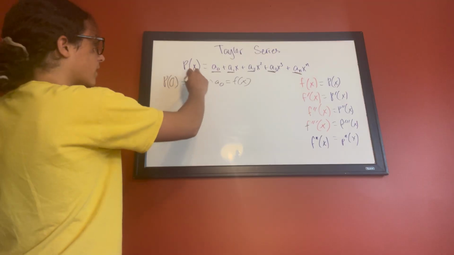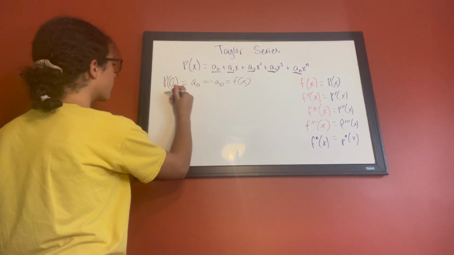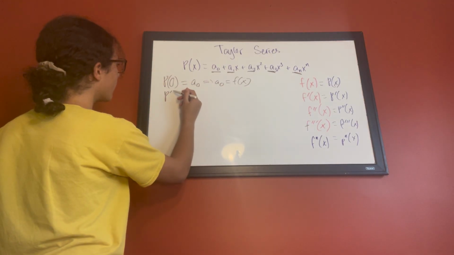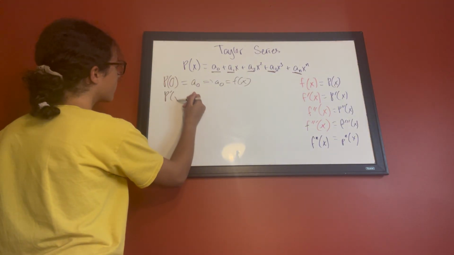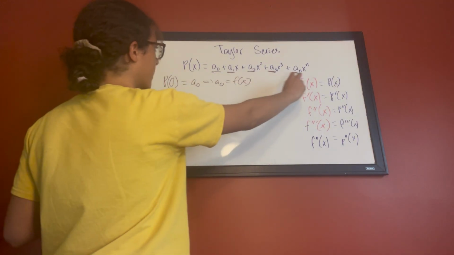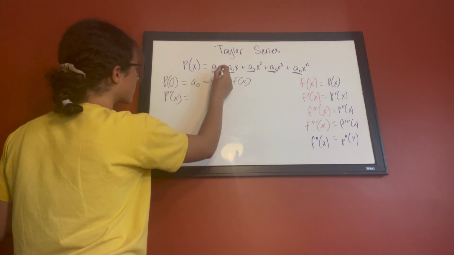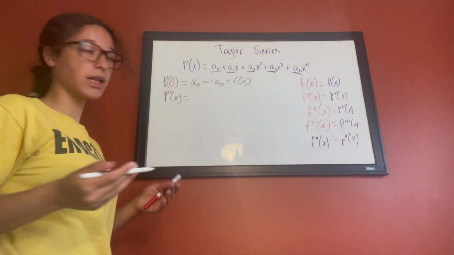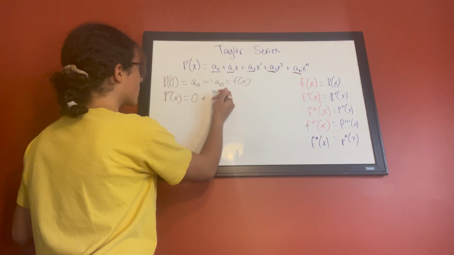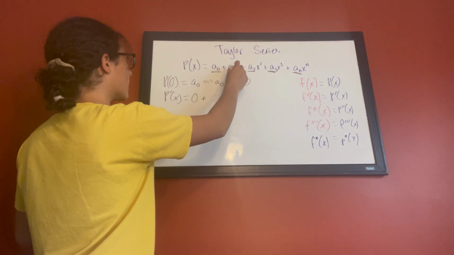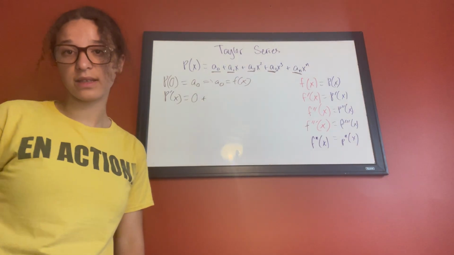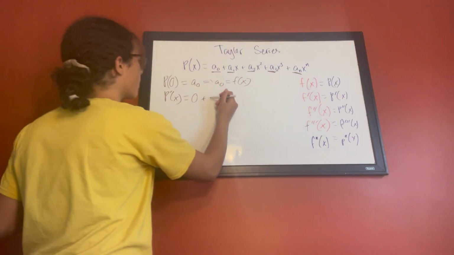Now the next thing is that p prime of x equals all of this prime. So what's the derivative of a constant? It's 0, right? The derivative of this, it's x to the 1 minus 1, that's x to the 0. So it's just plus a1.